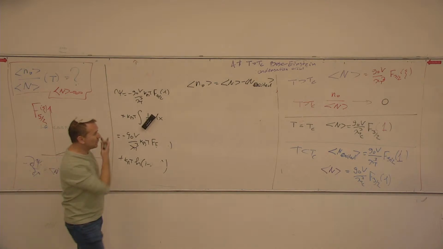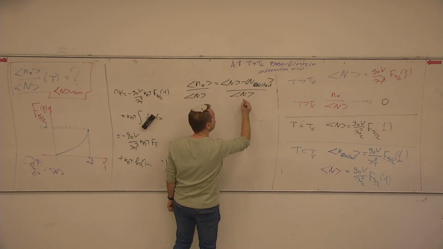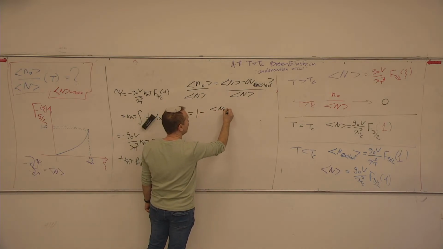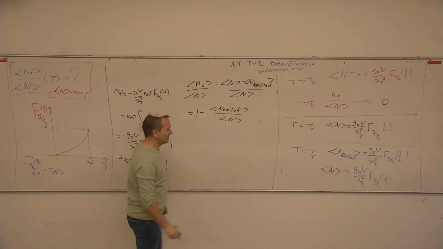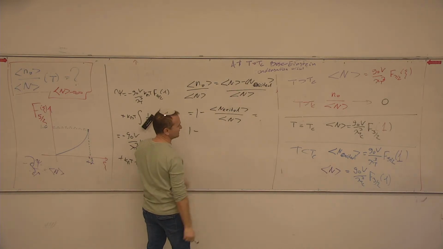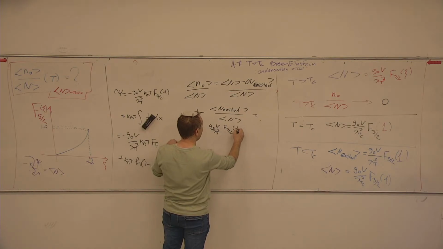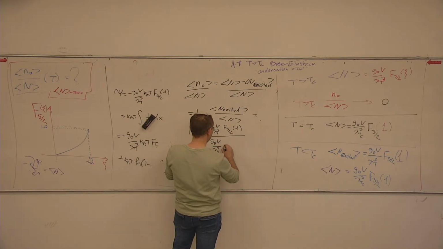So if I divide by n, what I obtain equals 1 minus n excited divided by n, which is 1 minus G0V over lambda T to the power 3 times f 3/2 of 1, divided by G0V over lambda TC to the power 3 times f 3/2 of 1.